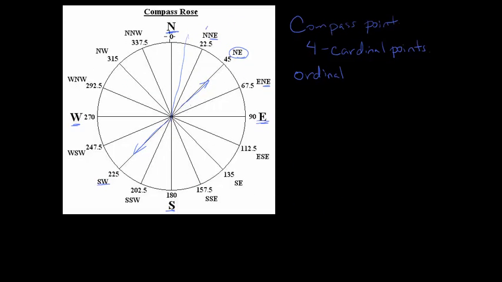And they use degrees. So just like a circle has 360 degrees, we can divide our compass rose here up into a circle of 360 degrees. Now 0 and 360 are identical. So 0 equals 360.